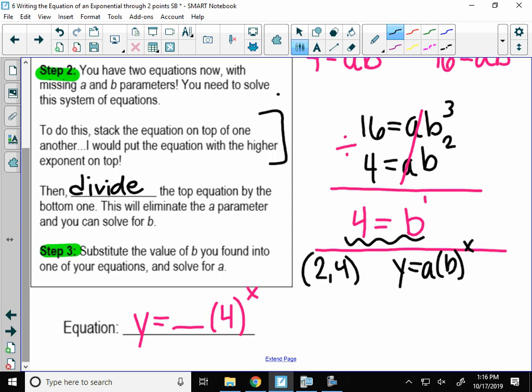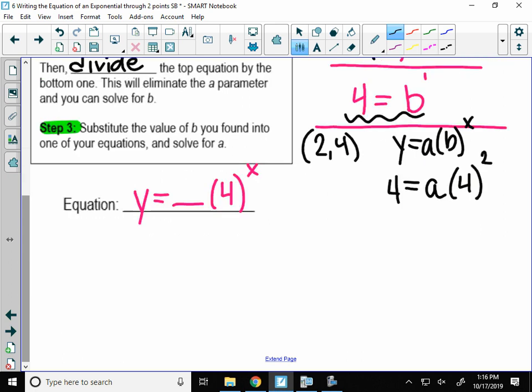So 4 equals, I don't know a, but I do know I have 4 to the second. So I just simplified: 4 equals a times 16, that's 4 squared. And then when I divide by 16, what does a equal? 1/4.